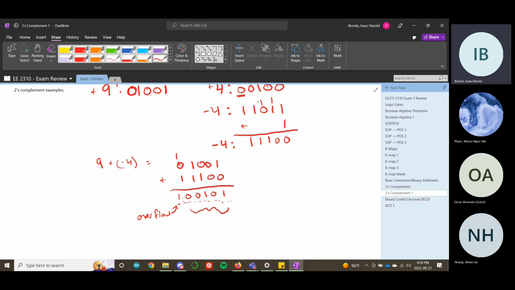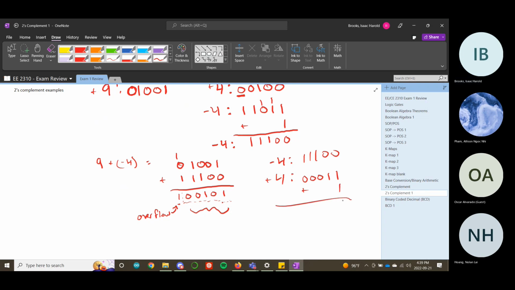But if you're going from negative to positive, like -4 is 1, 1, 1, 0, 0, positive 4 would then be 0, 0, 0, 1, 1 plus 1. That wouldn't even overflow. So I don't think you're ever going to have a case like that, because anytime you would overflow, this leading 0 would absorb that overflow. So it would never be a 6th bit.